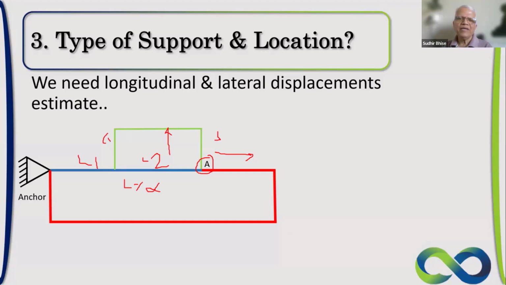Do you agree with me that they are going to be compensating each other? The expansion of the green leg on the left-hand side and the expansion of the green leg on the right-hand side are going to be equal and opposite. The amount is the same and the directions are equal and opposite.